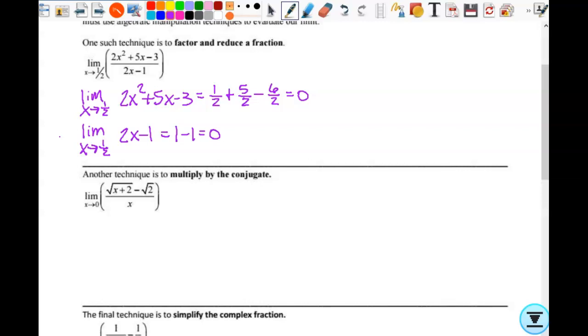And so in this case, because there's different things that are going to happen, I can factor the numerator. So let's start by the factoring part. Plus, that's exactly what it says right there, factor. Kind of gives it away. So this is equal to the limit as x approaches 1/2. And then I'm going to leave it as a fraction because I want to be able to reduce things.